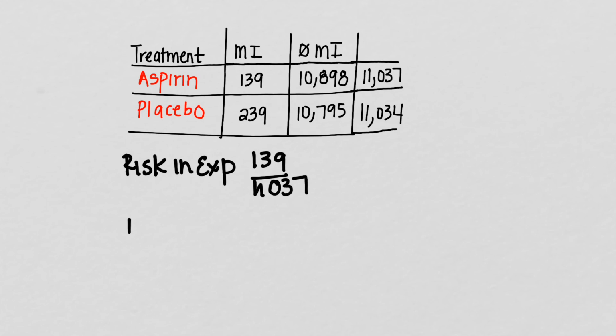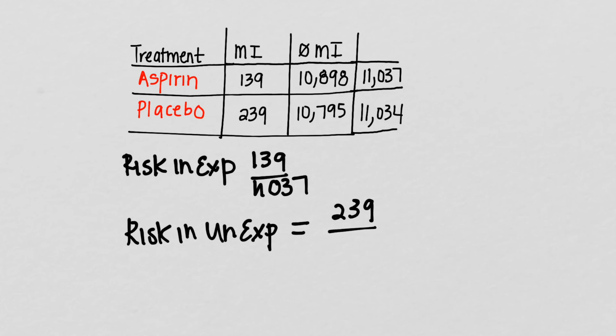And then we're going to calculate the risk in the unexposed group, because this is what's really truly going to give us our ratio for risk. So again, that's going to be the 239 patients divided by the 11,034.